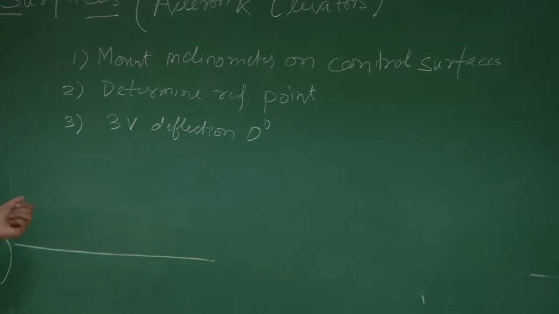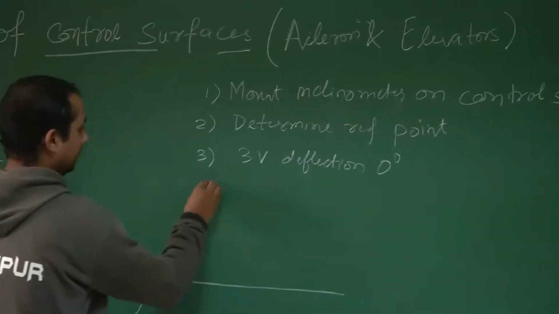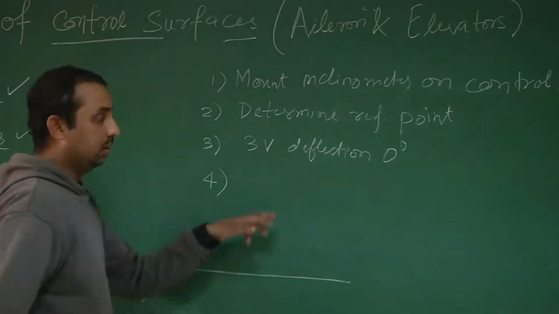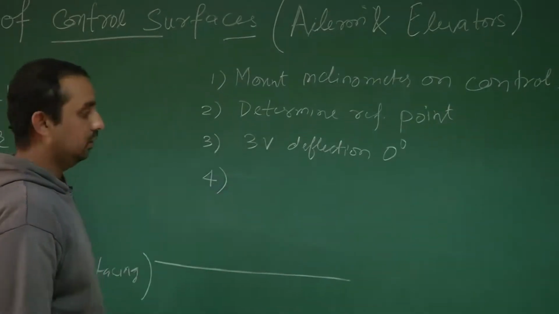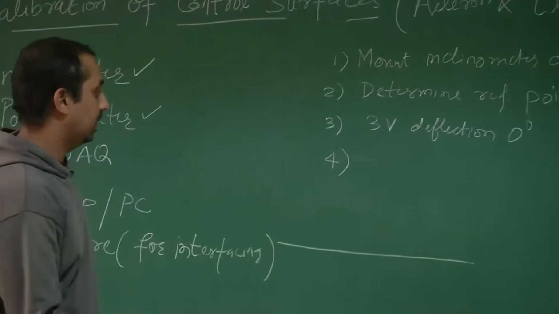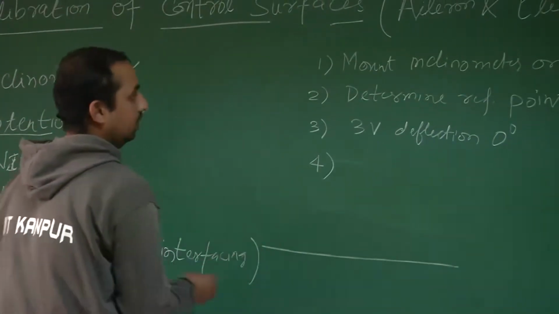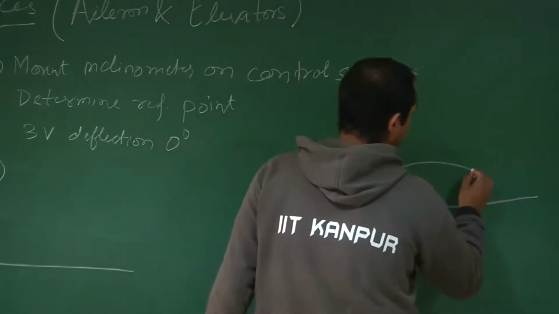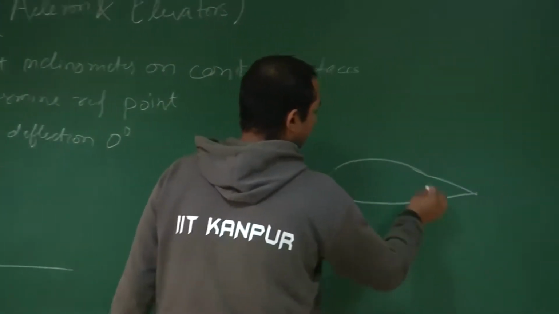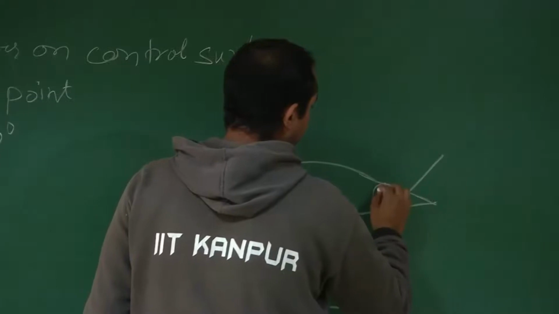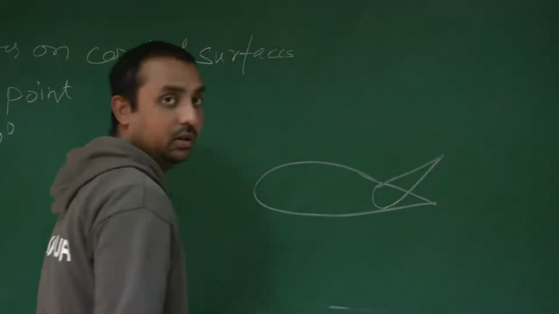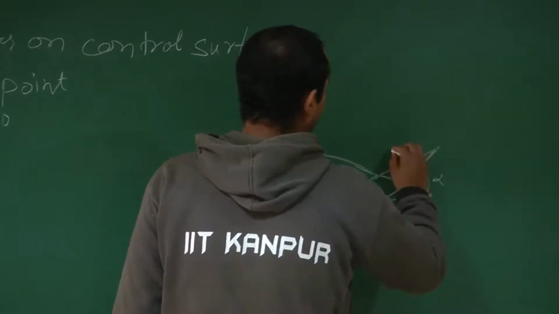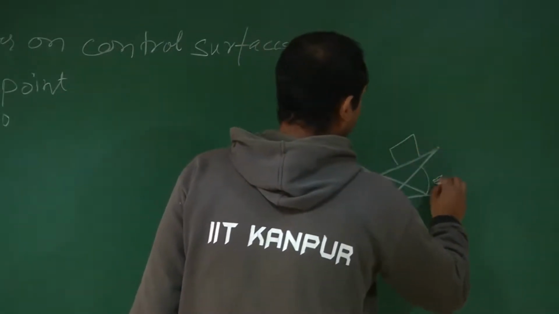Now, in order to calibrate your control surface, the fourth step is to deflect your control surface on a positive side and a negative side. So, if this is your wing section, positive means you have to deflect this upwards and measure this angle using your inclinometer.